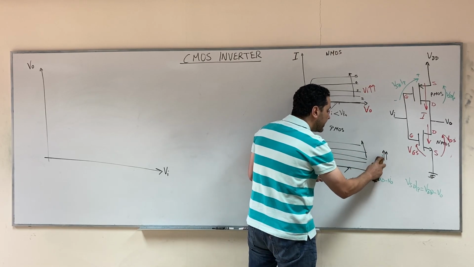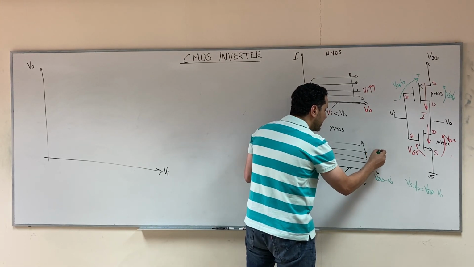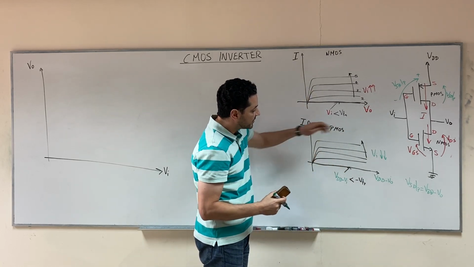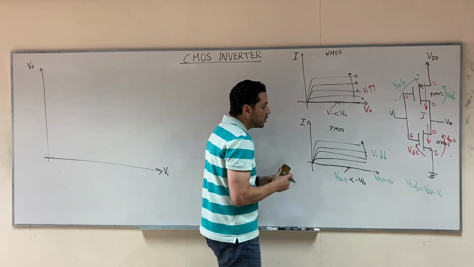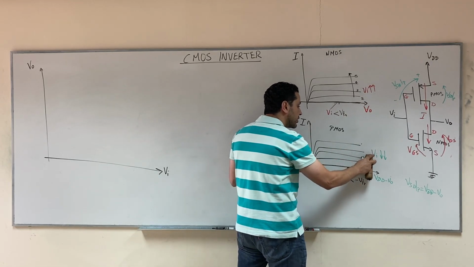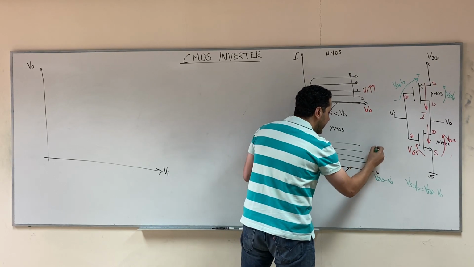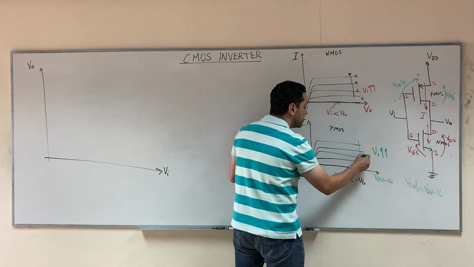As V input decreases, we go up in the curves here. Or in other words, as V input increases, we will go down. So as V input increases, you will go down in the curves here.